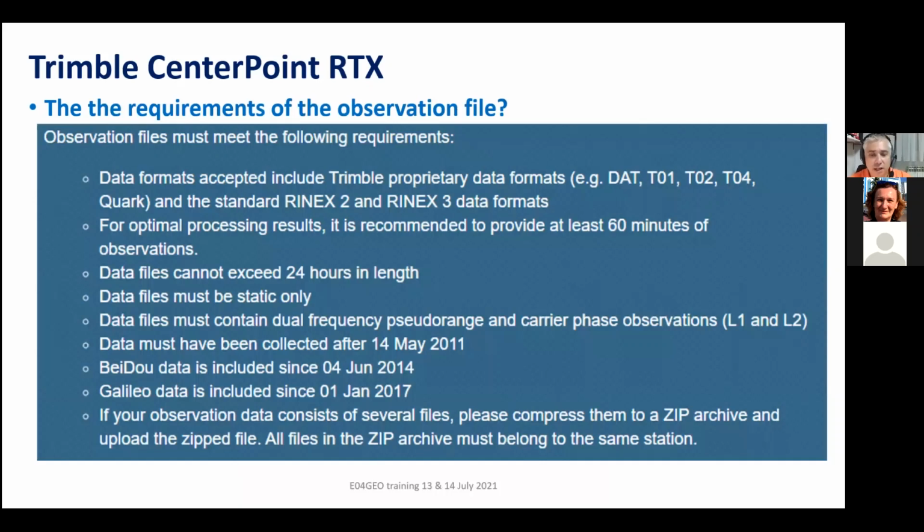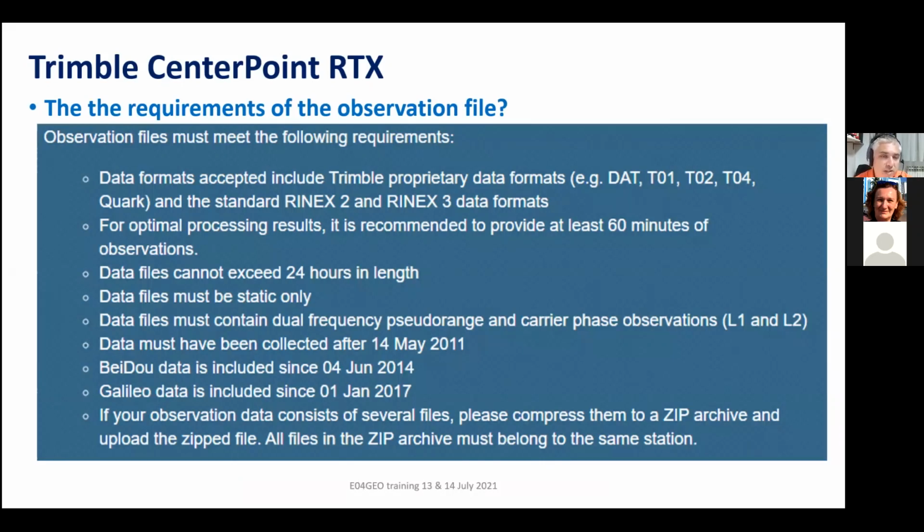What are the requirements for the observation file? In addition to the minimum time frame being 1 hour, there are some additional requirements. Basically, the observation files must meet the following requirements. Data formats accepted include Trimble proprietary data, and the service accepts the standard RINEX 2 and RINEX 3 data formats.